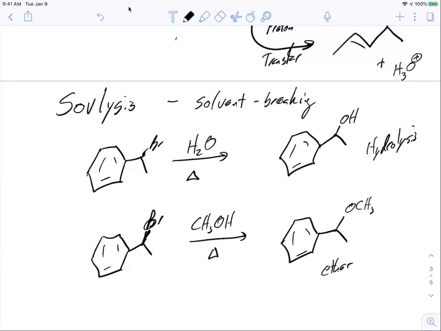This doesn't have a special name. This would just be a solvolysis reaction. So since SN1s will react with poor nucleophiles, anything that is a nucleophile, then we can have this type of reaction, the solvolysis. Solvolysis reactions are SN1s.